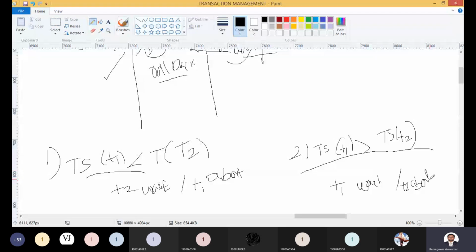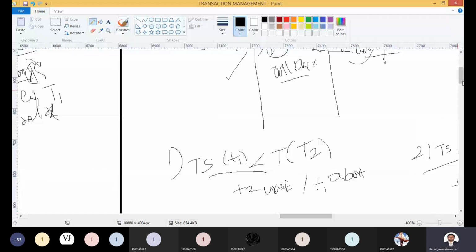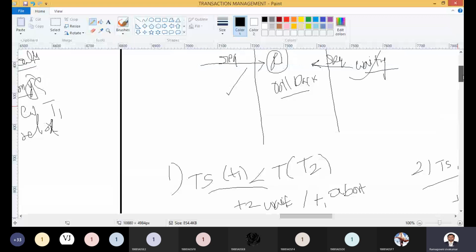These are the two conditions in the wound-wait technique. I think you understand, right?